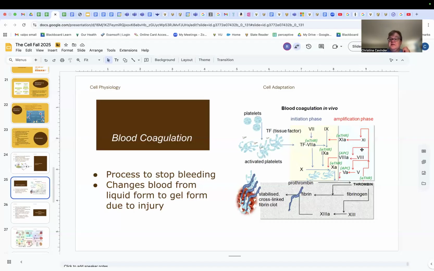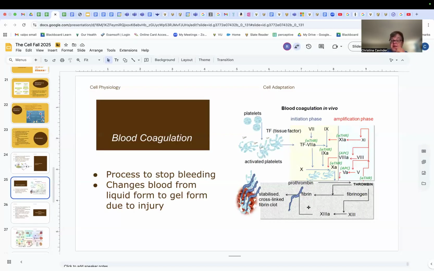And if let's say factor 8 is missing, then we're not going to have this step. So we're not going to make a clot because we don't have each of these steps that it must go through to change prothrombin into thrombin, and then that changes into fibrinogen, fibrin, and then it makes your clot.